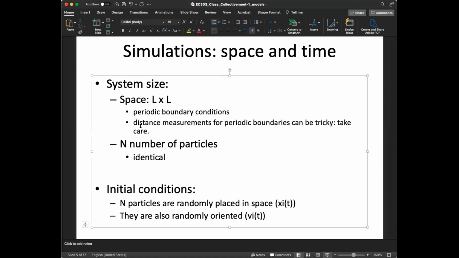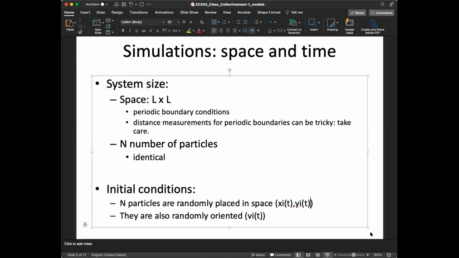If you are to ever do a simulation of this, you need to take care of the distances very carefully. Now it assumes there are N particles in this L by L space who all have identical properties. It starts with an initial condition in which the N particles are randomly placed in space, with some coordinates x_i(t) and y_i(t).